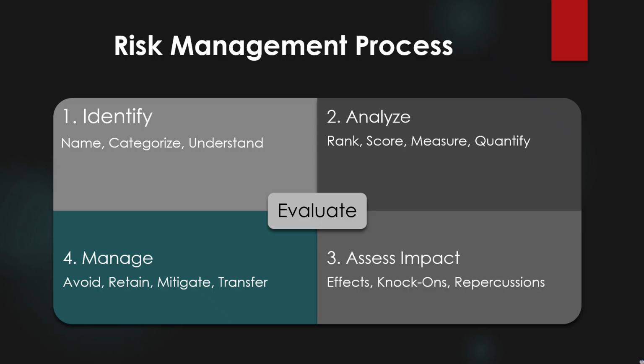This process should be embedded in your organization's governance with clear roles and responsibilities, reporting lines, and escalation procedures. Effective risk management isn't just about having sophisticated models, it is about having robust processes that ensure risks are identified early and addressed appropriately.